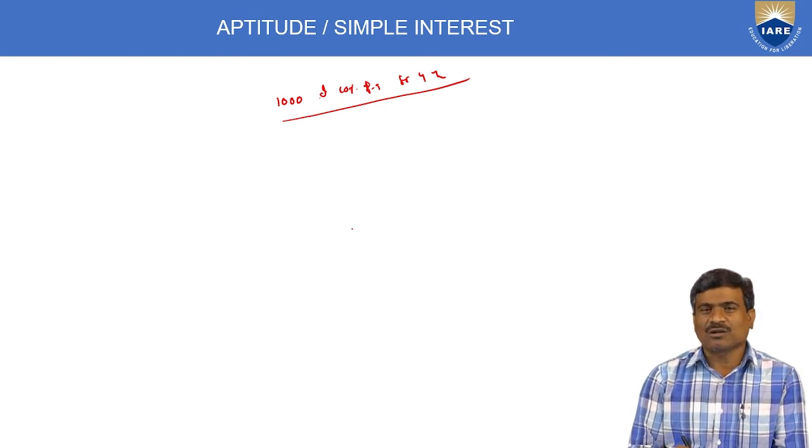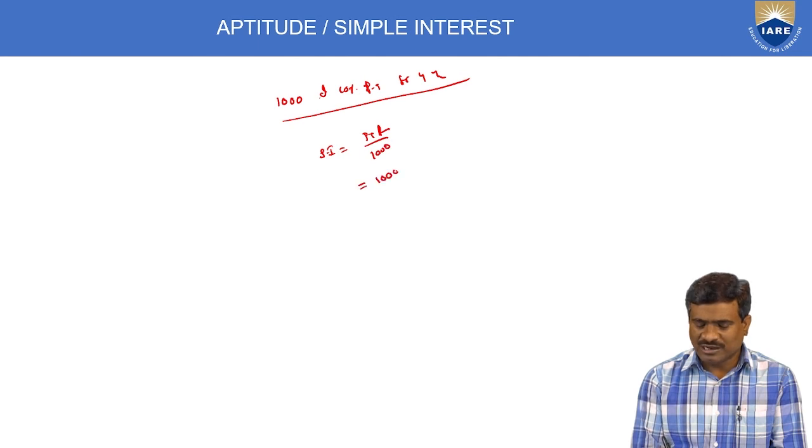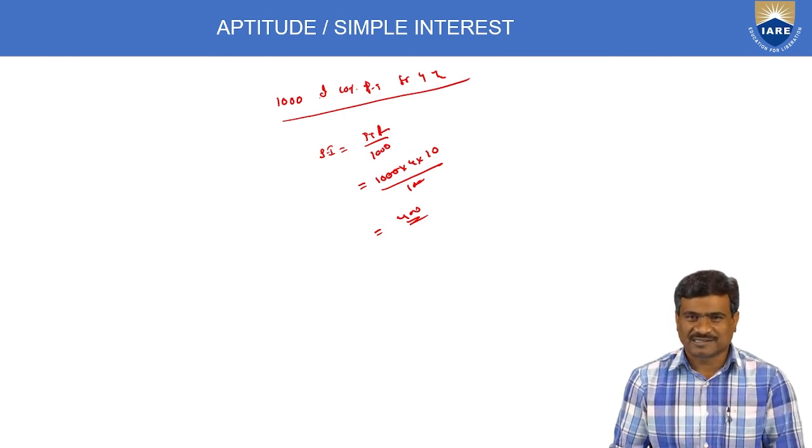If clues are not given, that problem always depends only on simple interest. Now apply simple interest PTR by 100, where P is equal to 1000, time 4 years, rate of interest 10 by 100, which is equal to 400. This is about the second condition in simple interest.